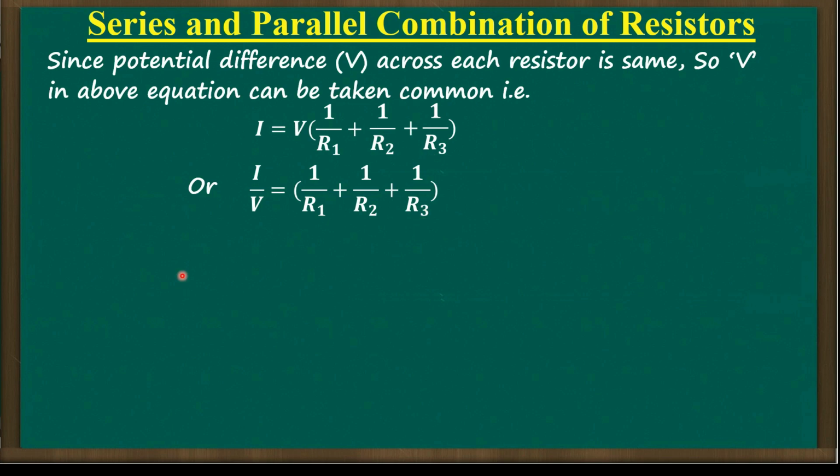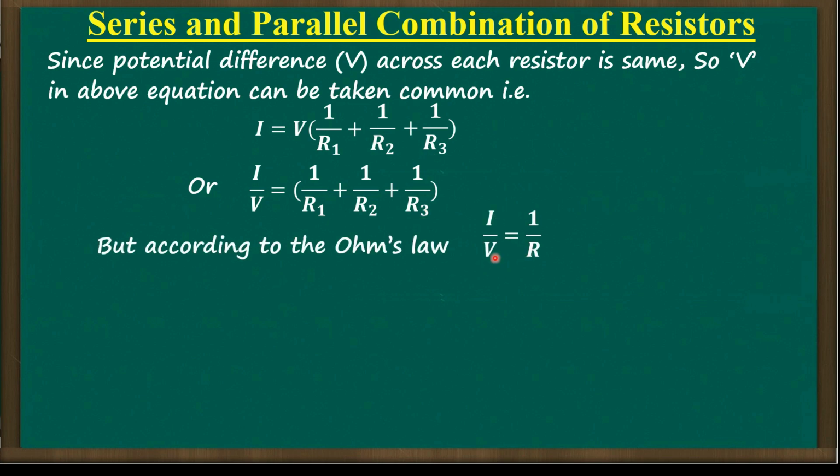But according to Ohm's law, current I over V is equal to 1 upon resistance R. If you wonder how, let me explain.